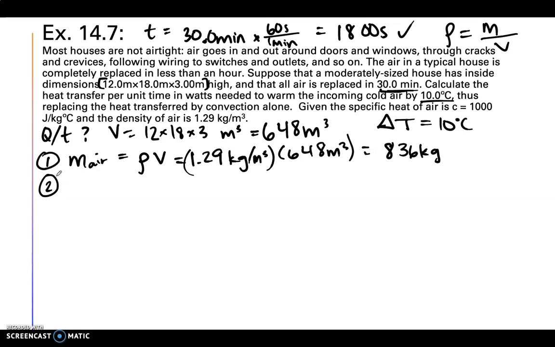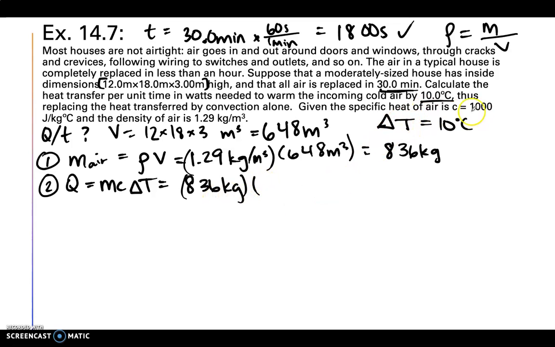Now what we need to do is find our heat transfer from that change in temperature. So Q is going to be m c delta T. Okay, so our mass of the air is 836 kilograms.